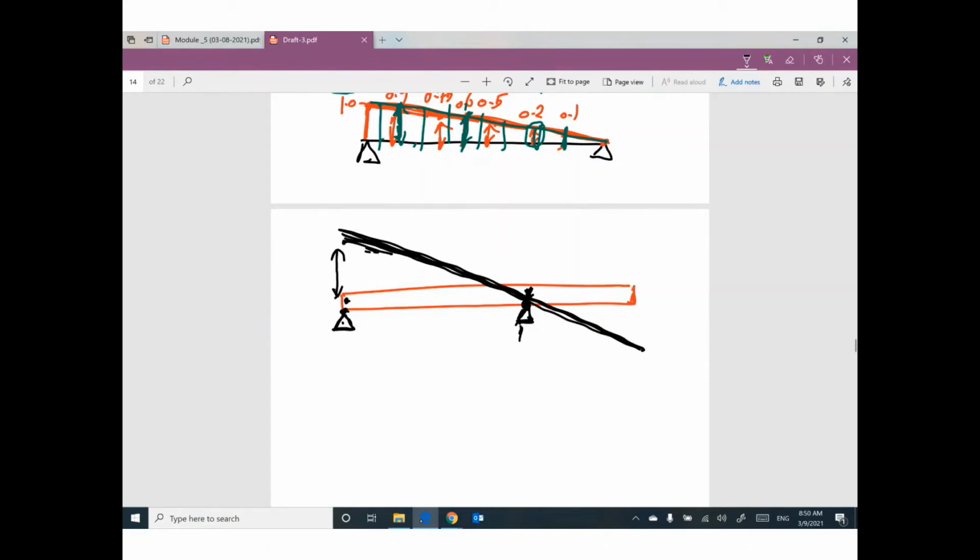Keep this intermediate point as it is, and move this end up. What is the new position of the stick? Looks like this.